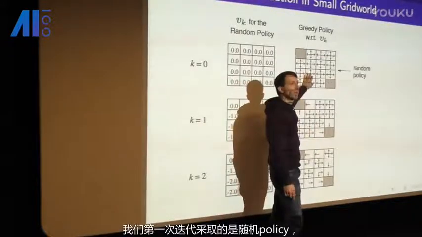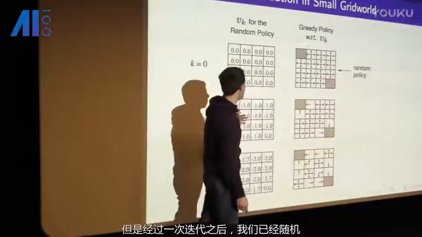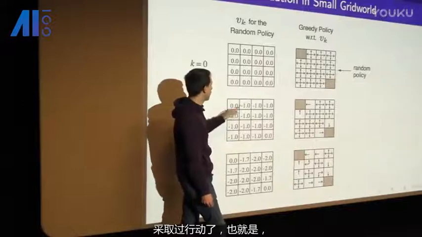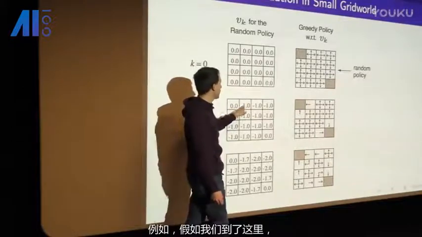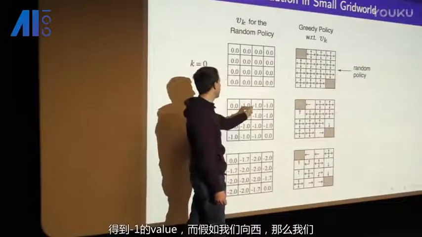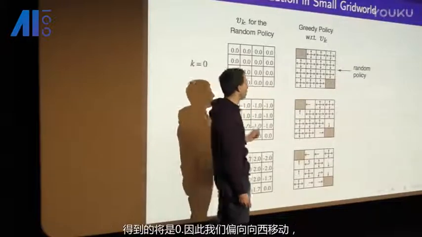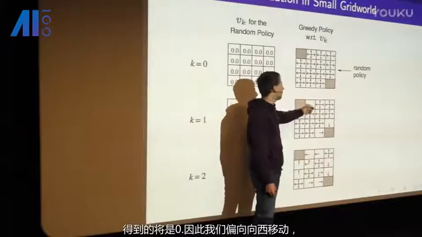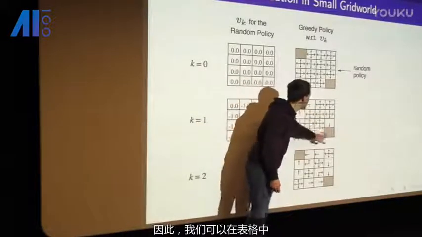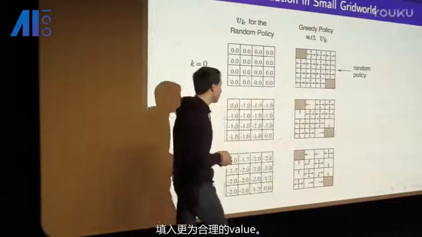So we start off with a random policy, but after one iteration we're already doing something non-random. Say we're in this state here: we can see that going north, east, or south has a value of -1, but going west has a value of 0. So we prefer to go west here. We start to fill in more reasonable values.